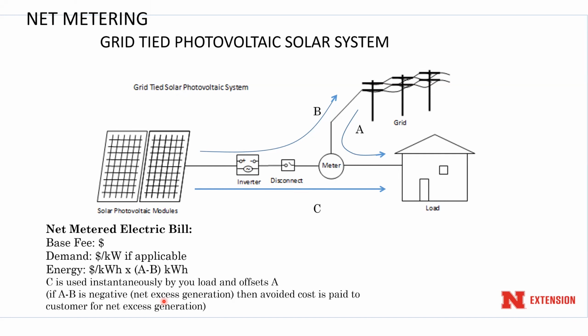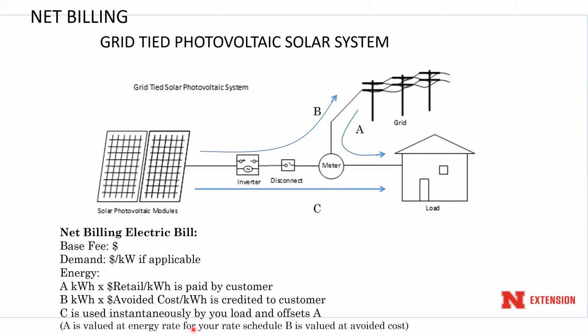So if a house uses 10,000 kilowatt hours and I design it for the solar to generate 5,000 to 6,000, that system is going to have very little net excess generation. But if I design a system that's closer to 100%, it's going to have quite a bit of net excess generation, especially during the spring and the fall months. And so that's, again, where design can impact the value of the electricity.